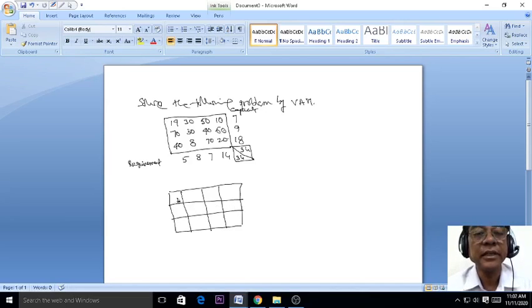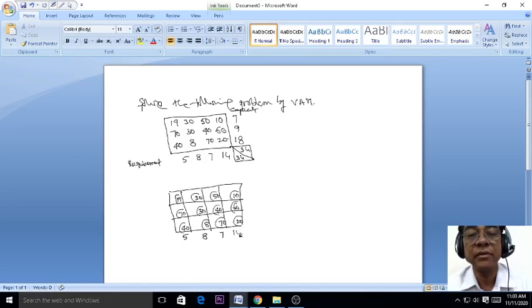Like this: 19, 30, 50, 10, 70, 30, 40, 60, 40, 8, 70, 20. So the requirements are 5, 8, 17, 14. Capacity is 7, 9, 18. Next step, row penalty.